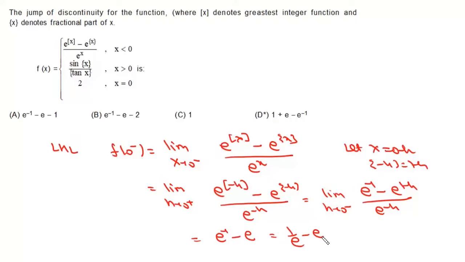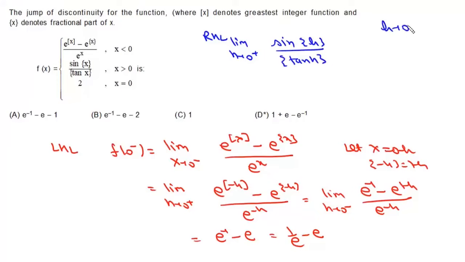Now we'll find its right hand limit. Now for right hand limit, we'll take limit h tends to 0 positive. Now we'll replace x with 0 plus h. So it will be this sin of fractional part of h upon fractional part of 10h.